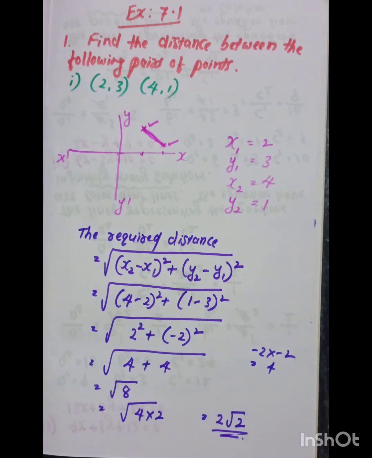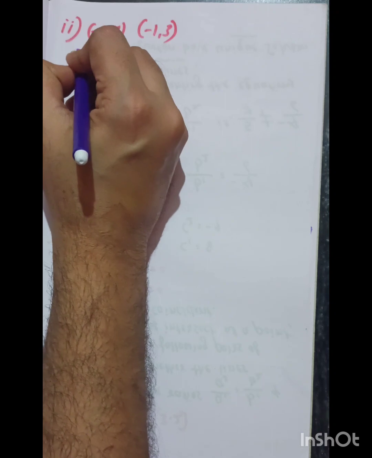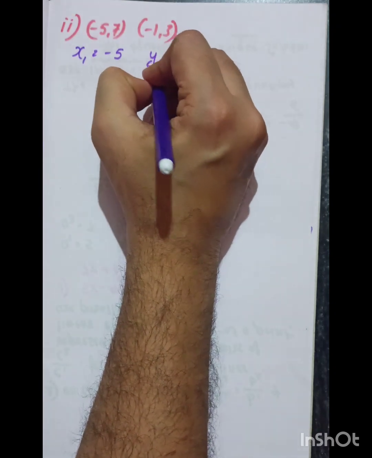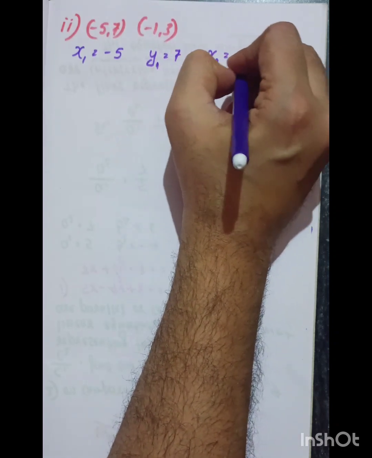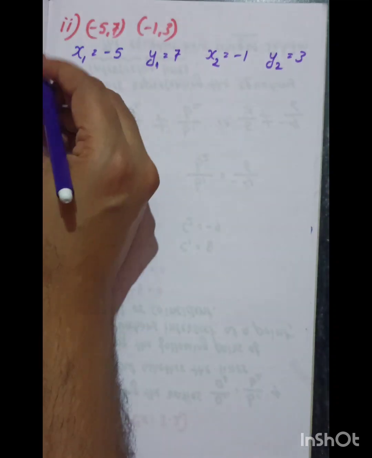This is the answer. Now look at the second one: (minus 5, 7) and (minus 1, 3). x1 is minus 5, y1 is 7, x2 is minus 1, y2 is 3.